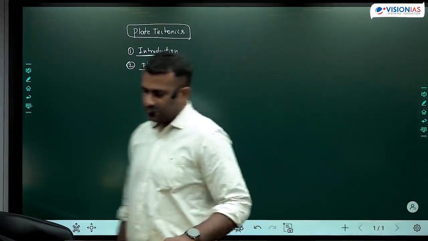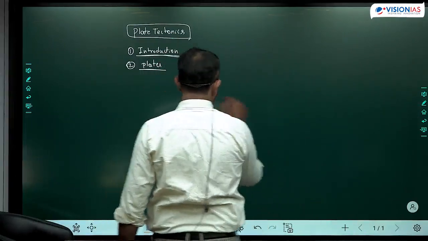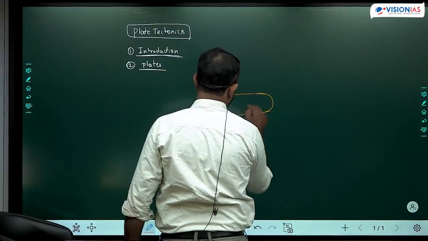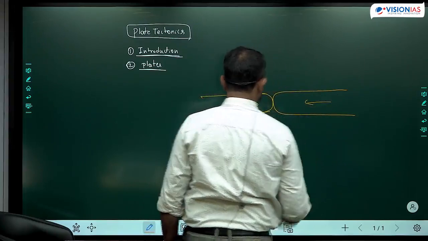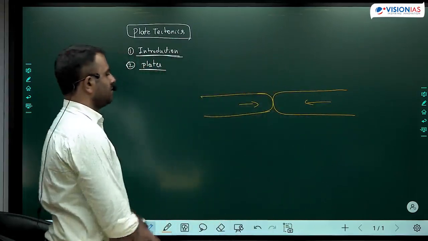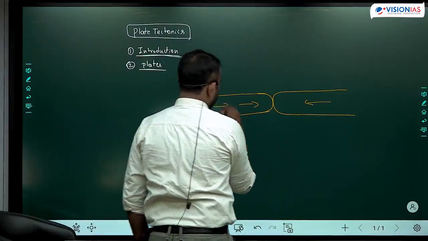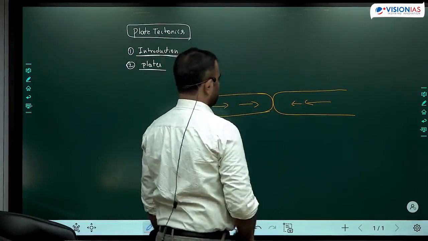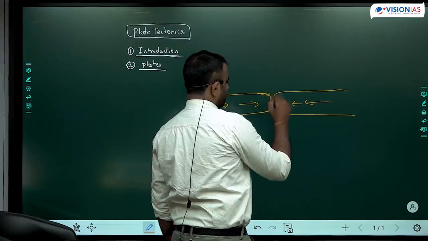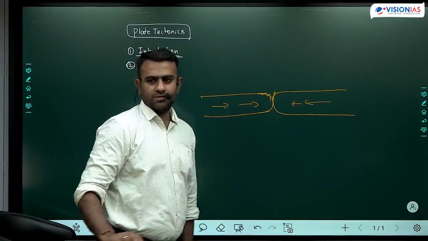So basically, when the plates converge towards each other, let's say this is one plate moving in this direction, there's another plate moving in this direction. It is trying to push. If the force is limited, the plates undergo slight deformation like this. It undergoes folding and it stops.